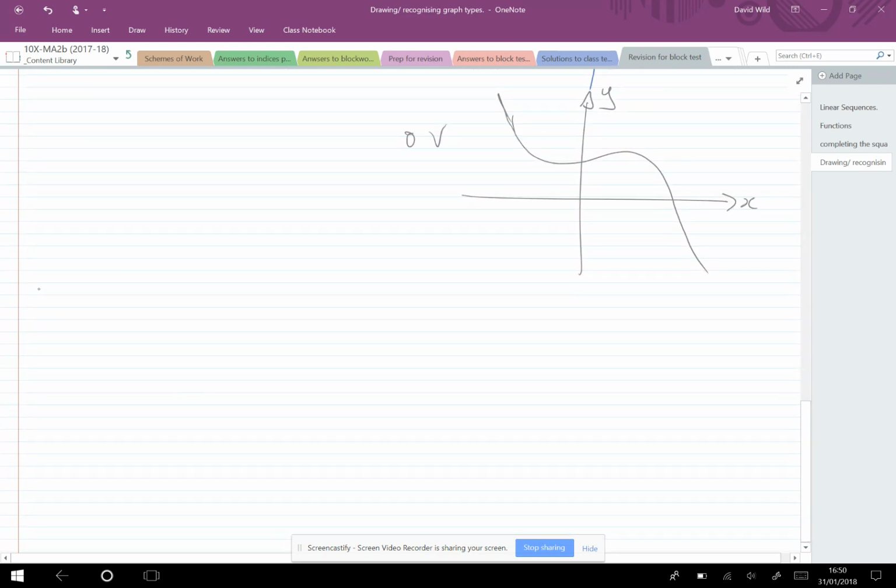Other ones that we might look at are exponential curves. So exponential curves are ones that grow really fast.